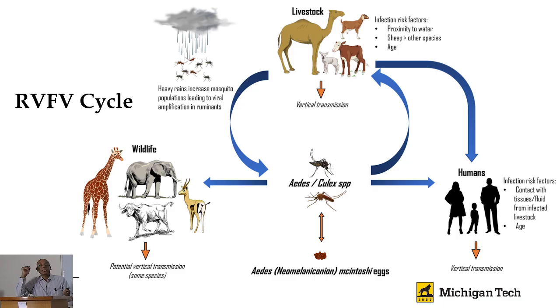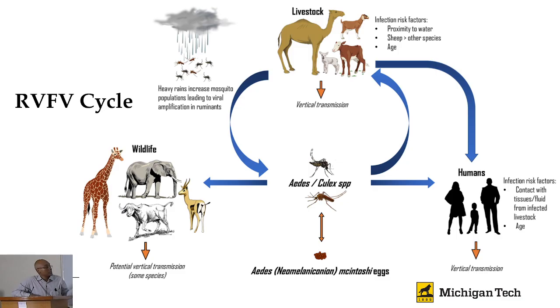Vertical transmission is when a pregnant mother is infected and the virus is transmitted to the fetus through the uterus, cord blood, and so on. So that is called vertical transmission. Vertical transmission is always there. If goats are pregnant and infected, they pass the virus to the babies, and the same for humans.